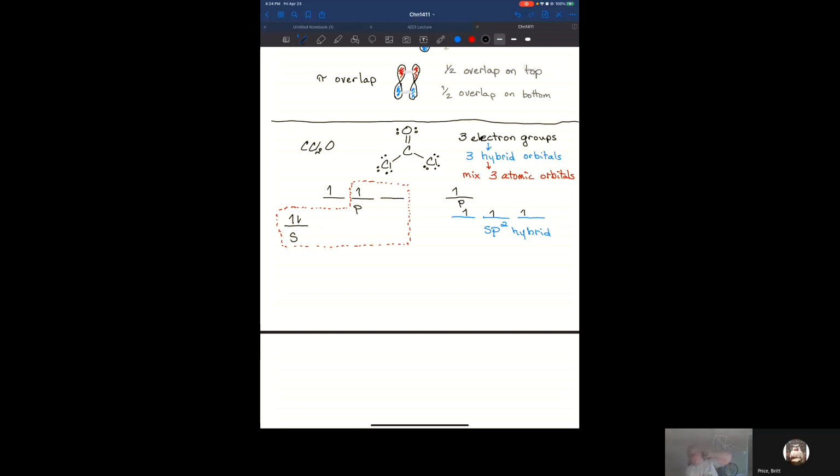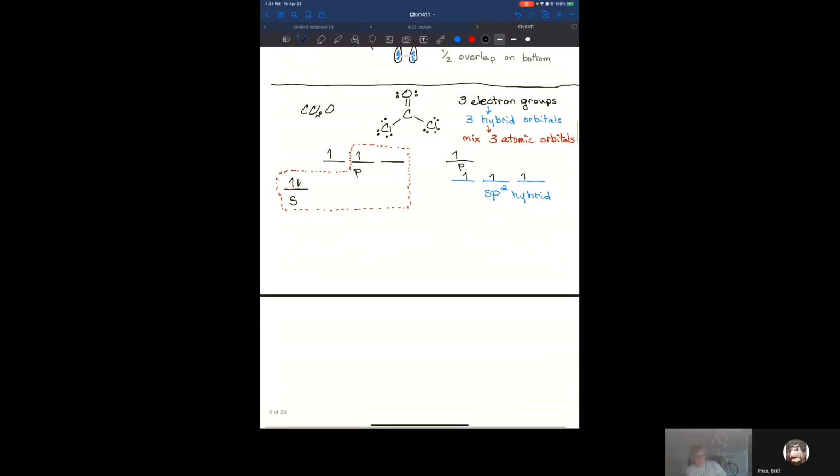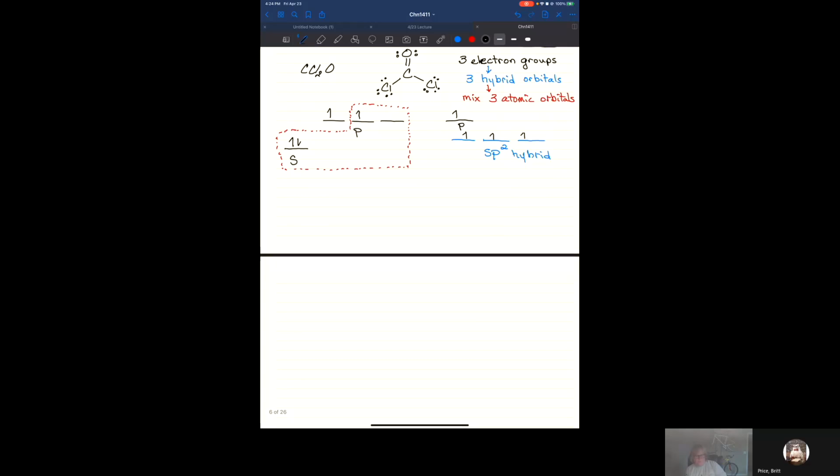What we're doing is really just trying to put together a picture to explain what we observe. What I used to get so caught up in was, oh, so this is what happens, it goes from this, and then we have these 4 separate orbitals, 3 of them the sp2 hybrid. The answer is all of this is mathematical.